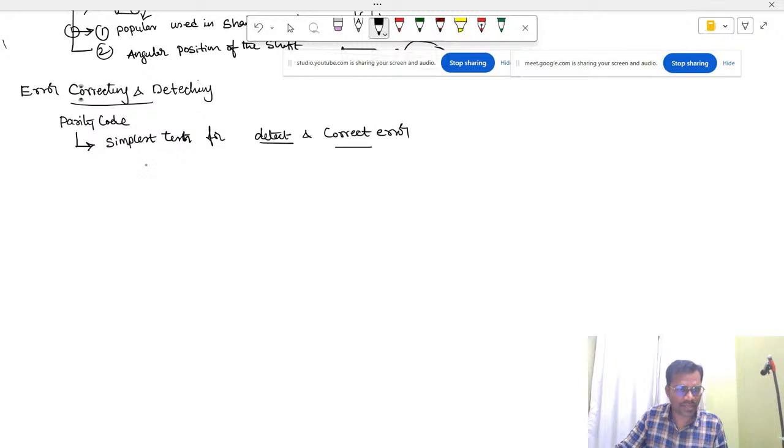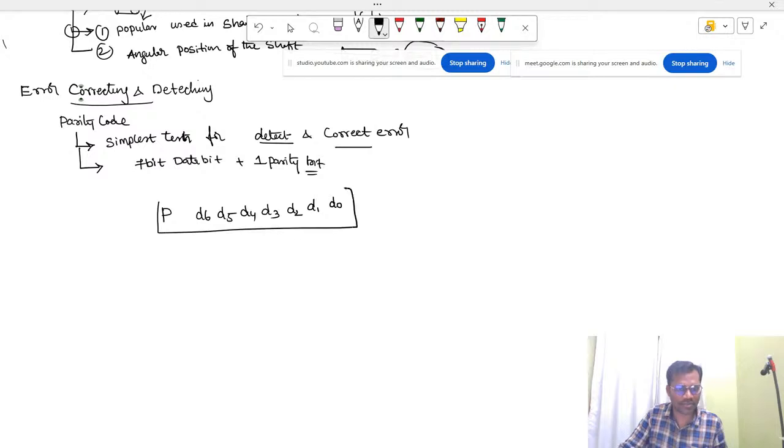This parity code has a simple example: 7 data bits and one parity bit. Now we have to decide whether it is even parity or odd parity. Let us take the data bits D0, D1, D2, D3, D4, D5, D6, and here a parity bit.